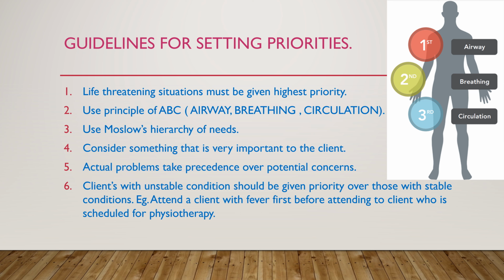Among these two, the first priority should be given to the patient with fever before attending to the patient scheduled for physiotherapy, because the physiotherapy patient may wait for some time, there will be no harm, but we have to maintain the normal body temperature in the patient who is having the fever. So these are some of the guidelines. Further guidelines we'll be discussing in the next slide.